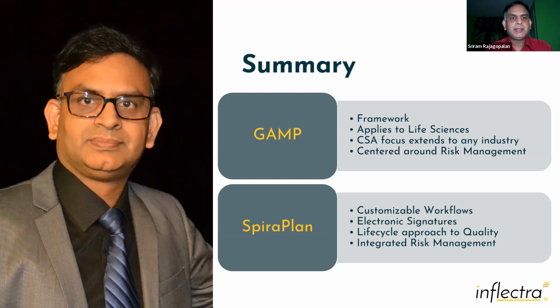So yes, it does allow you to come up with multiple types of risk, and you can associate multiple types, like a business risk, a technical risk, a hazard risk, a process risk, or an operational risk, and you can create multiple types of those risks and associate them with test cases or requirements or things like that. So you can do that. GAMP does allow you to compare.